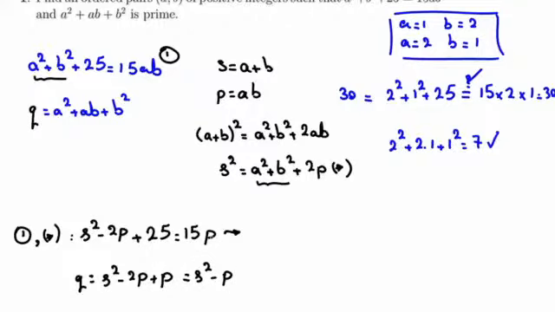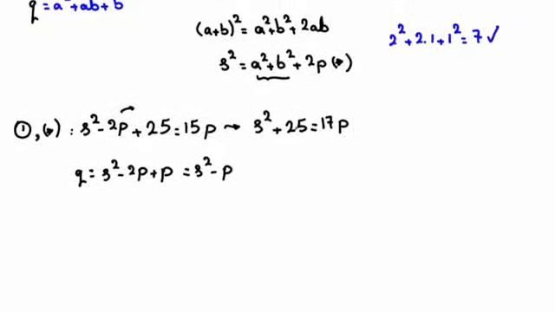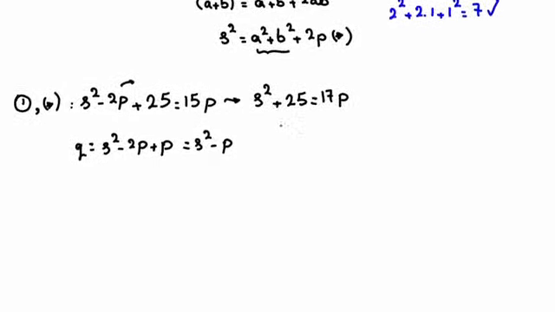Now from this part, s squared plus 25 equals 2p plus 15p, which is 17p. Now here you can write s squared in terms of p, or p in terms of s squared. You should check both of them.